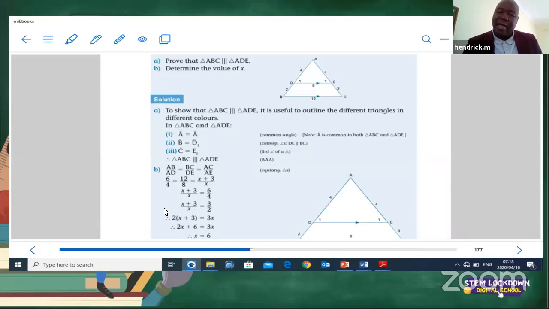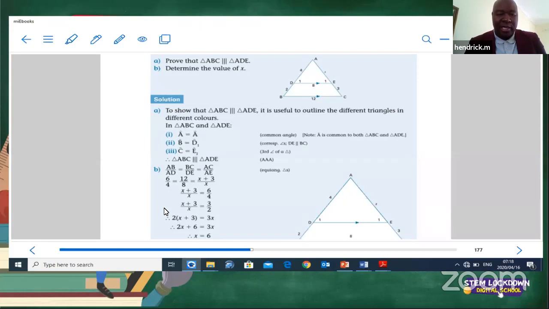So if AB, for example, is 2 centimeters, and EF is 4, this means that you have multiplied by 2. All the sides have to be multiplied by exactly the same number, so that they will be in proportion.